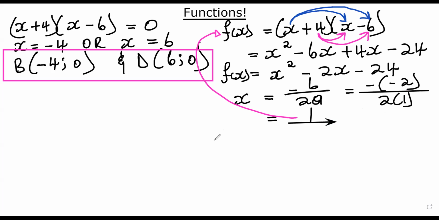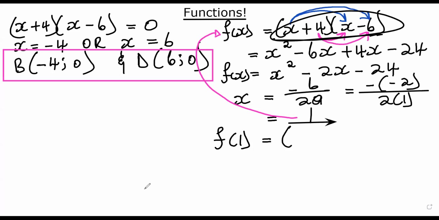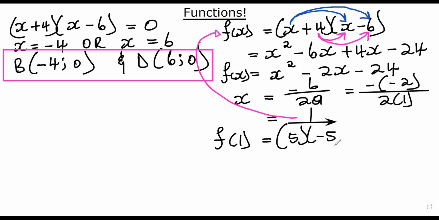So in other words, you find the y value when x is 1. So you can substitute it here or on the expanded version. Well, it's up to you. But let's take this one. So you'll just say, well, I'm going to have 1 plus 4, which is 5, and 1 minus 6, it's negative 5.